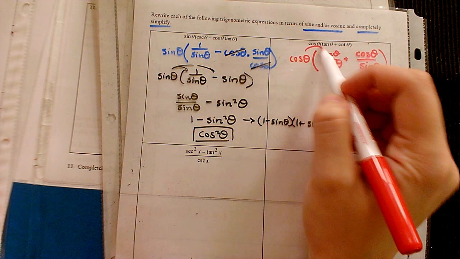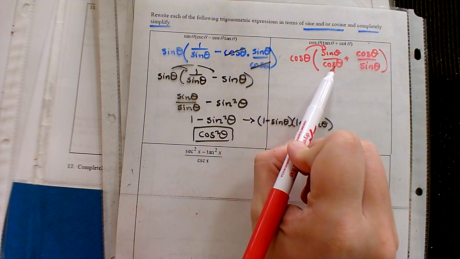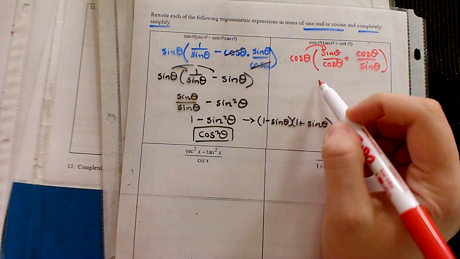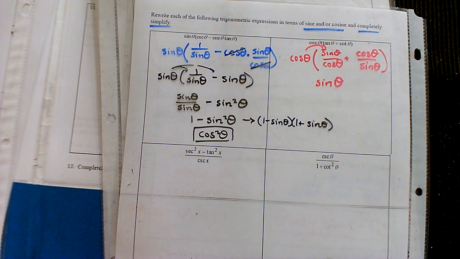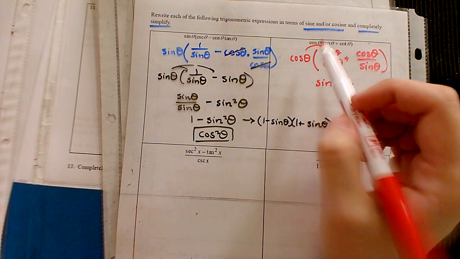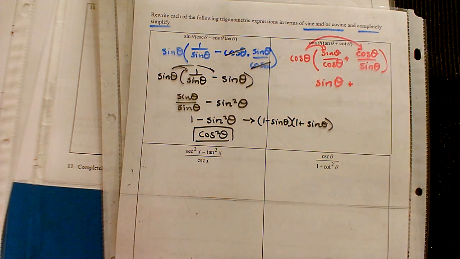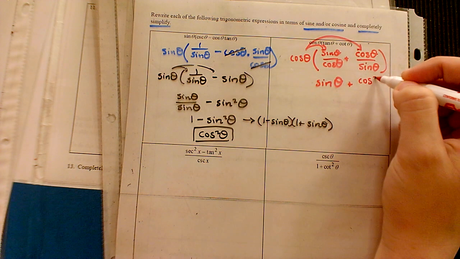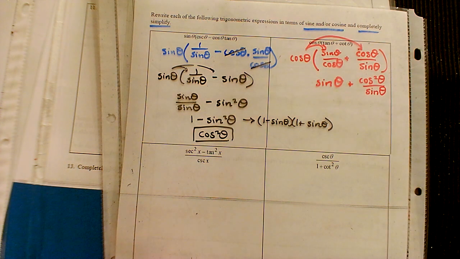All right, so if we distribute the cosine into the first term, notice how that cosine would cancel out with the cosine down below. So we're just going to be left with the sine that was in the numerator. However, if we distribute the cosine to the next fraction, that would be cosine squared over sine.